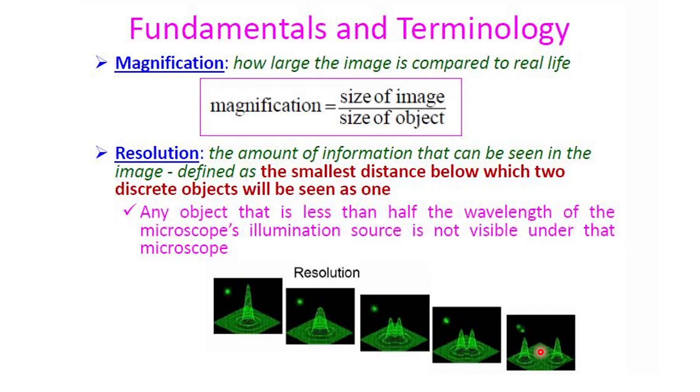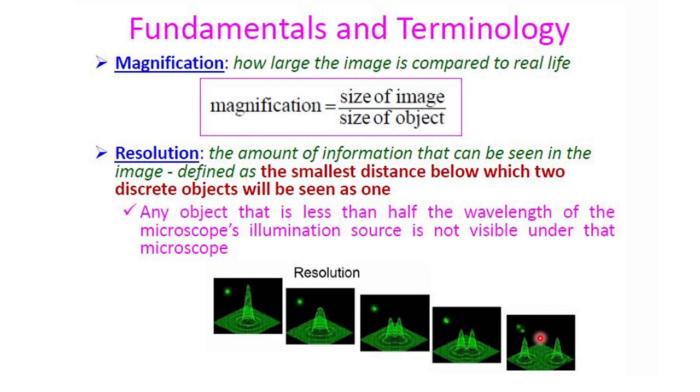So any object that is less than half of the wavelength of the microscope illumination source is not visible under that microscope. So this is very important. For example, if you are illuminating or trying to observe any species or any object with 400 nanometer wavelength light, and the dimension of that object is below 200 nanometer, we cannot see it through the 400 nanometer illumination light.